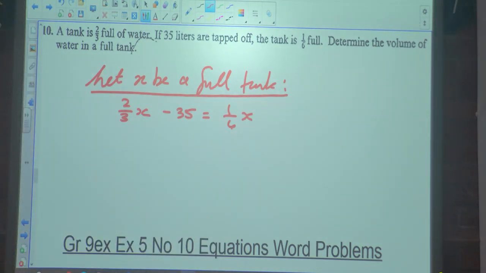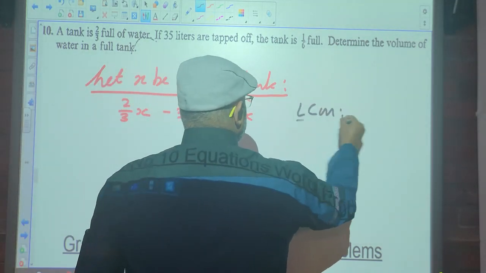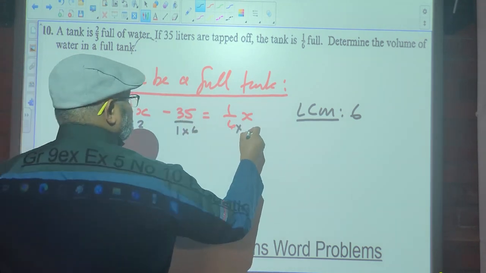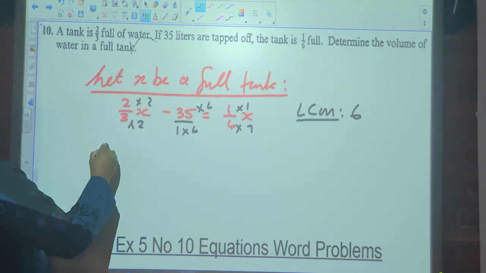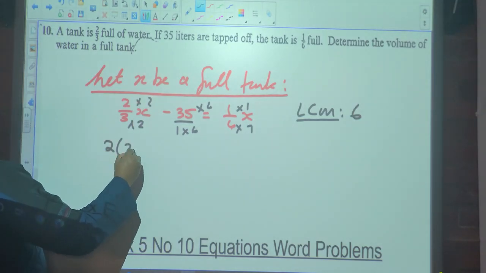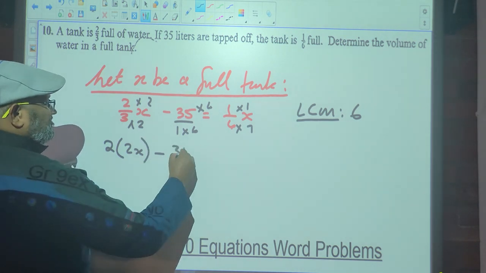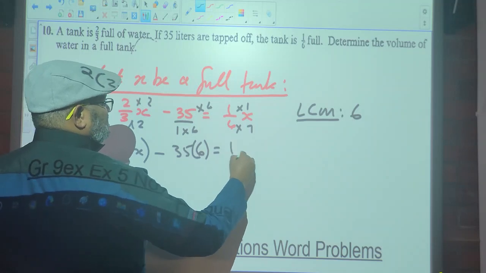Easy, no? People, what's my LCM? LCM is 6. So I multiply this by 2, this by 6, this by 1. So that's going to give you 2 by 2x minus 35 times 6 equals 1 into x.